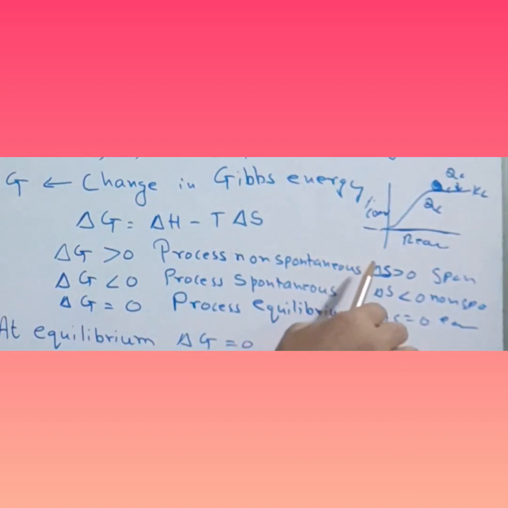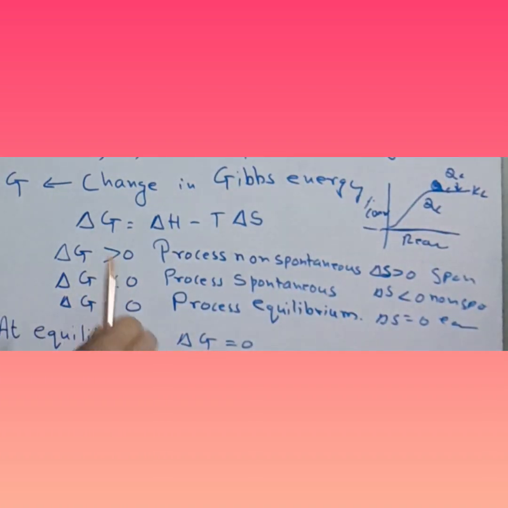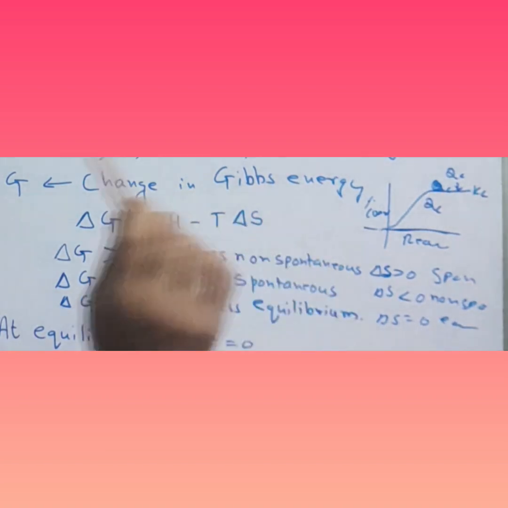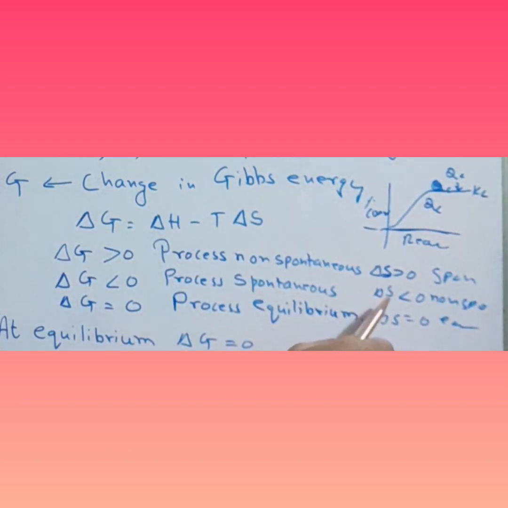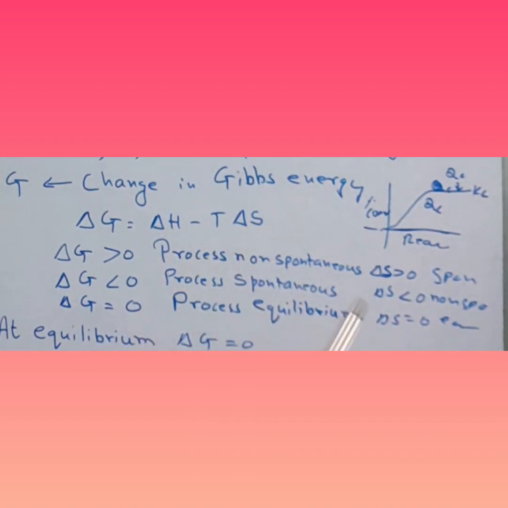Mind you, when del S was greater than 0, that is positive, it was spontaneous. Whereas when del G is less than 0, that is negative, the process is spontaneous. Mind you, del S less than 0, that is negative, was non-spontaneous. Del G equal to 0, the process is in equilibrium. The same was also with del S equal to 0, the process in equilibrium.